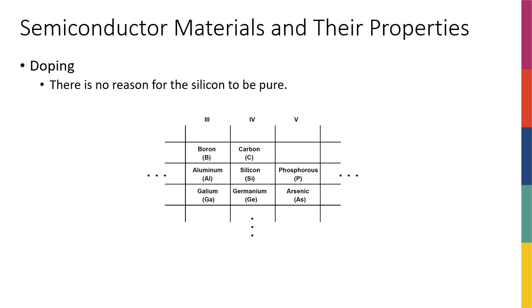So what does it mean? It really comes from the idea that there's no reason for us to actually have a pure silicon crystal. There's nothing amazing about having a pure silicon crystal. We could actually inject or diffuse some sort of impurity into that crystal.